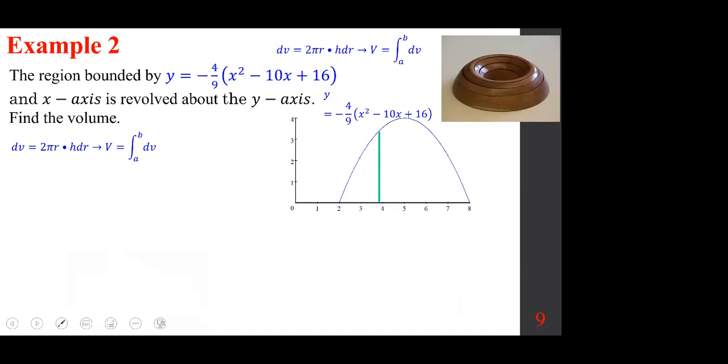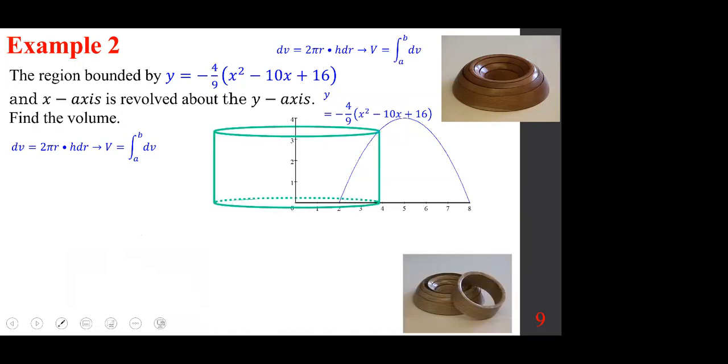We have the region, so take a look at all of this. They happen fairly fast. We have the region that is bounded by this function and the x-axis. That means this region. And we want to go around the y-axis.